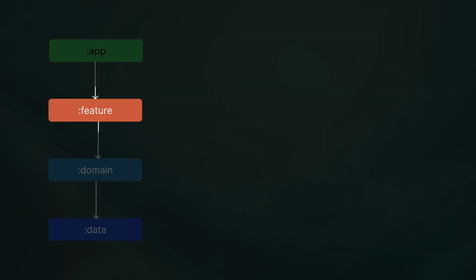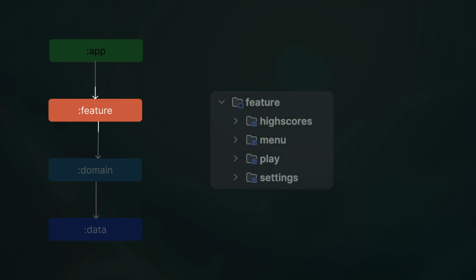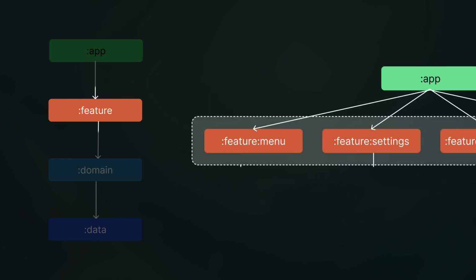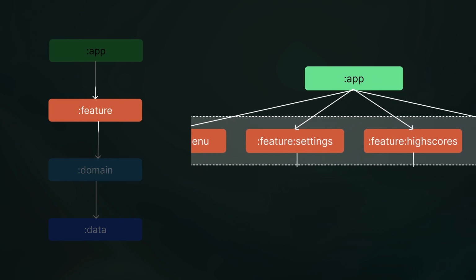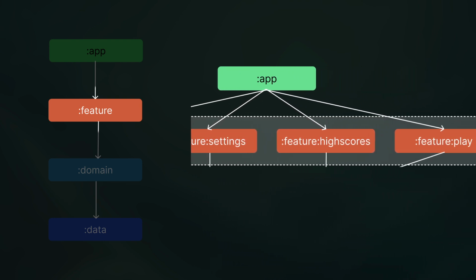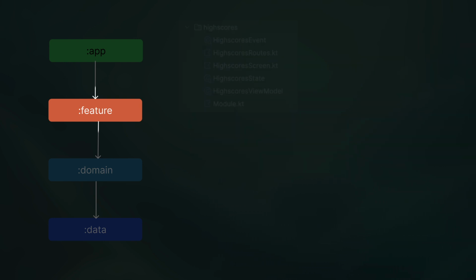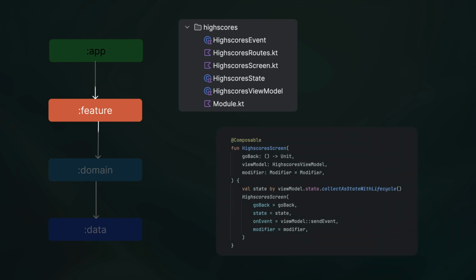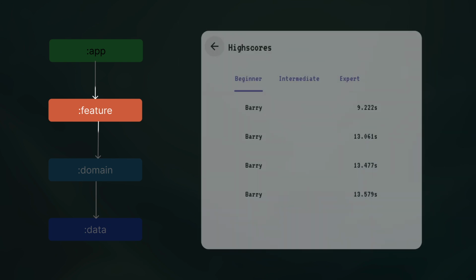Feature modules handle specific features or screens in your app. For example, in MinesweeperK we'll have feature modules for the menu, settings, high scores and gameplay. Each feature is self-contained, making it easier to add or remove functionality without affecting the rest of the app. Essentially, feature modules orchestrate the UI and domain logic for a particular feature of the app.